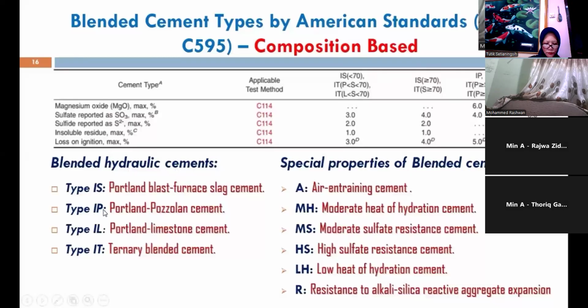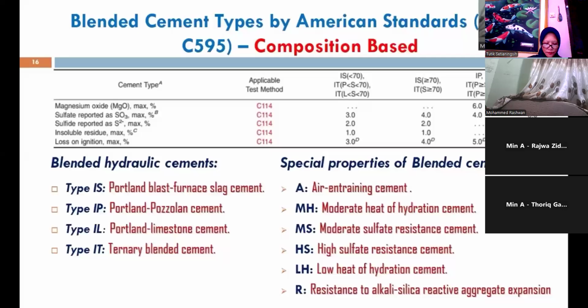Type IP is Portland pozzolanic cement, with natural pozzolana or artificial pozzolana. Type IL is Portland with limestone content. Type IT is a ternary blended cement, maybe some percent of pozzolana plus percent of limestone and percent of slag cement.